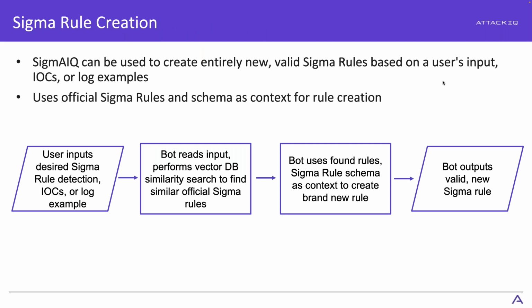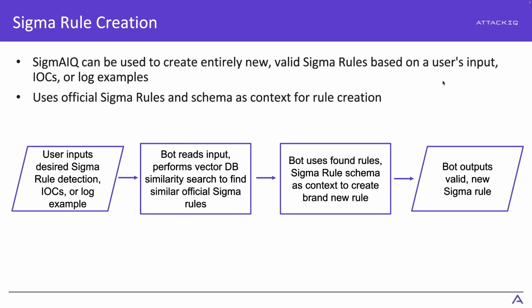One of the other things that we can do with this vector database is use it as context for brand new rule creation. One of the things SigmaIQ can do is create brand new Sigma rules entirely that are valid Sigma rules, either based on a user's question, context in their question, or if they provide some IOCs or log examples in the chat prompt.